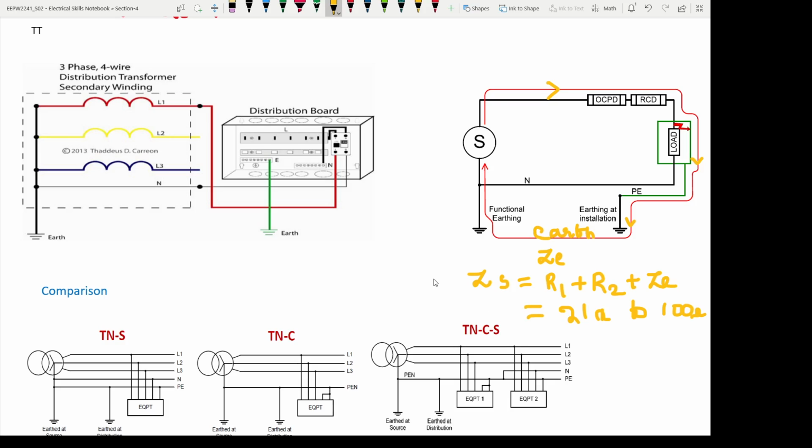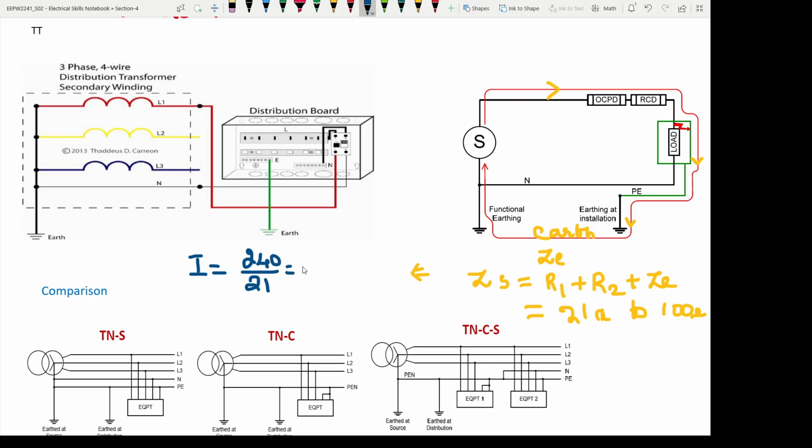So let us go back to the same calculation. Let us see how much fault current flows through this TT mechanism during the line to earth fault. So, I equals, let me consider both cases, the best case as well as the worst case. Let me take I equals 240 divided by 21.